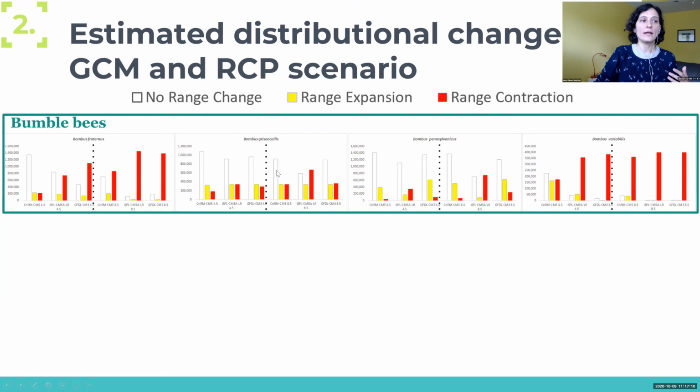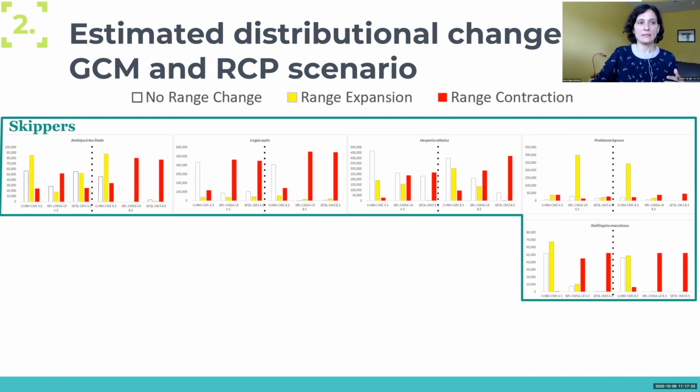You see that the white bars, the no range change bars, are higher. So the area of no change will be larger than the area of range contraction, and same for range expansion. So, 4 different bumblebee species, 2 that are more similar in terms of projected patterns, 2 that are less similar.